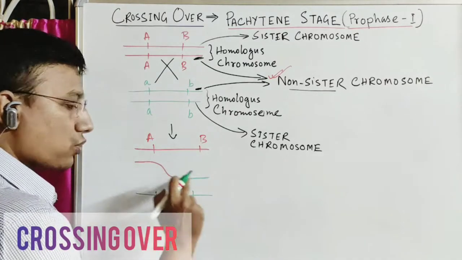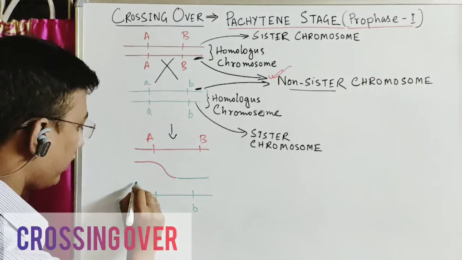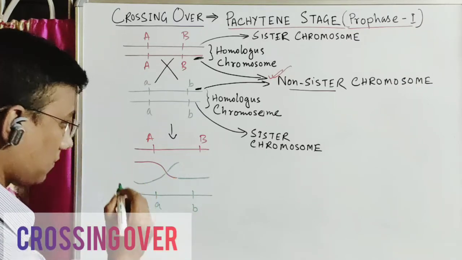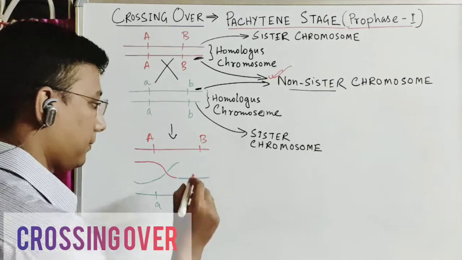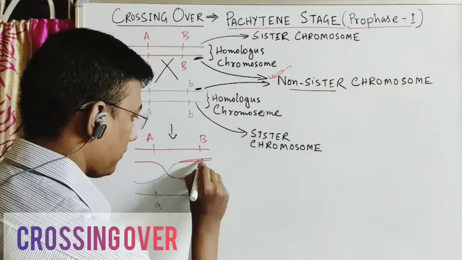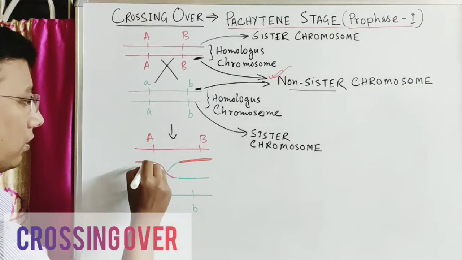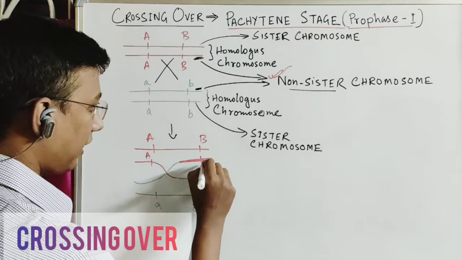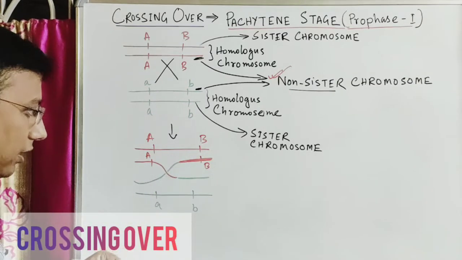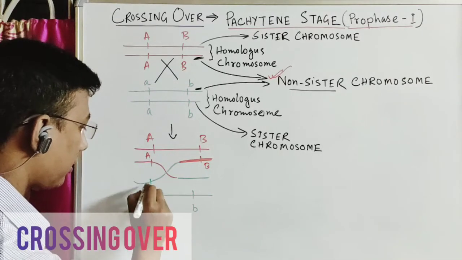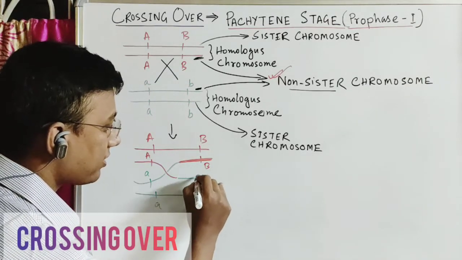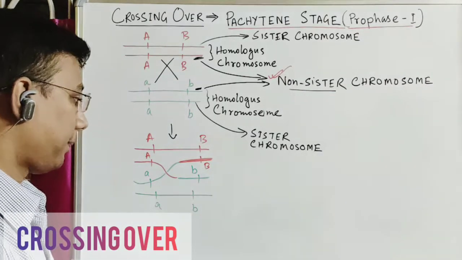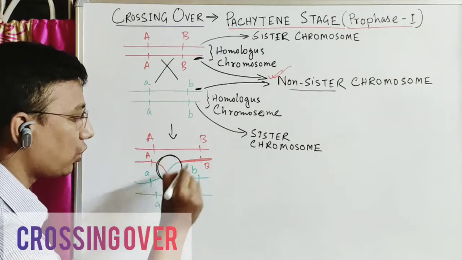So that is one crossing over. Another crossing over is here. So that is A, that is B. Here it's small a, here that is small b. Here we can see that that is the point of crossing over.